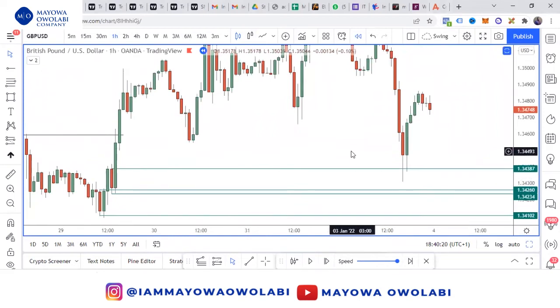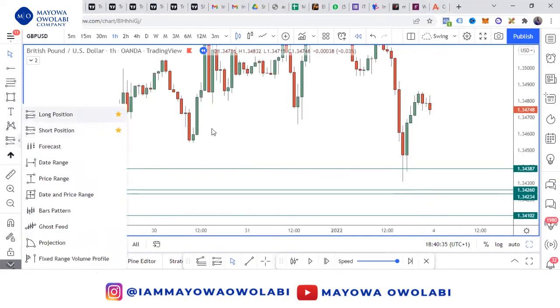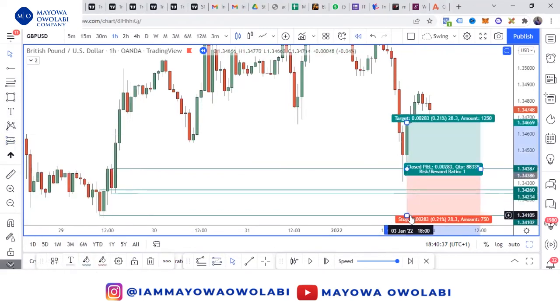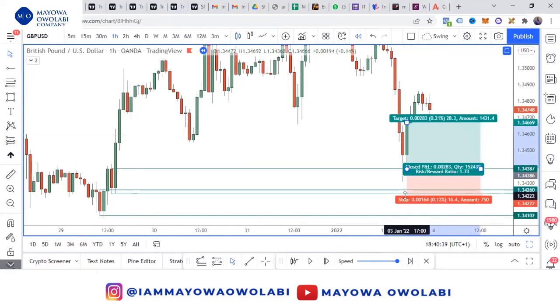To trade order block, don't forget that it has the color, there must be color discrepancy. You have the bullish move, you have the reddish candle. So to trade this, there are two ways. You can trade this as a full candle, which means that you are going to be risking more, okay?